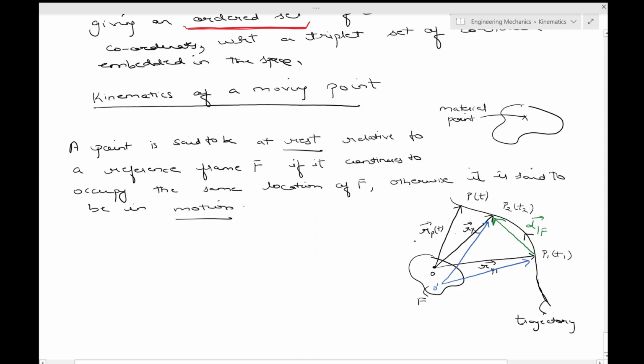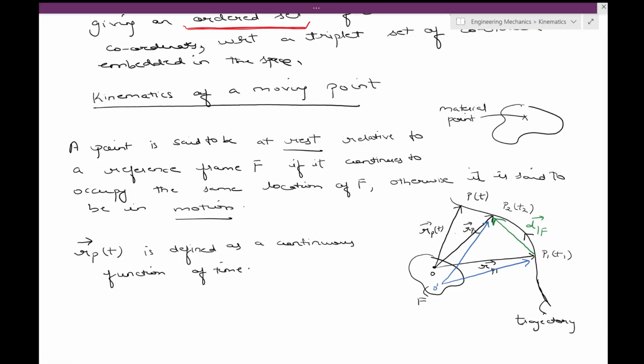The function Rp of t is defined as a continuous function of time. We have to write this because it's important. Rp of t is defined as a continuous function of time.